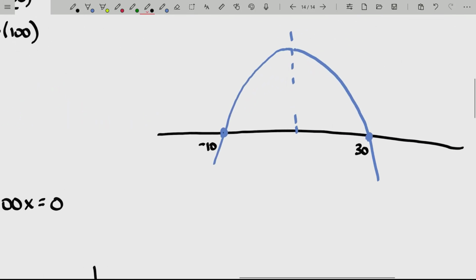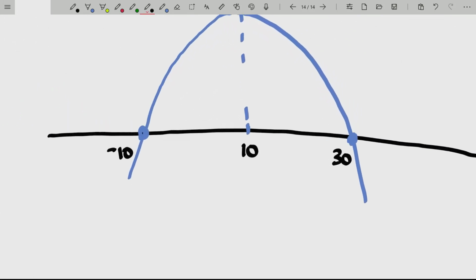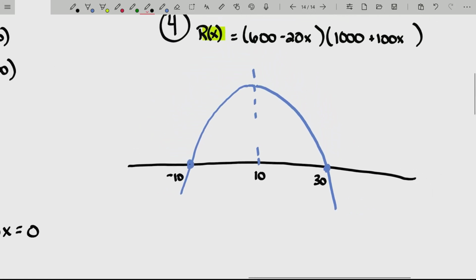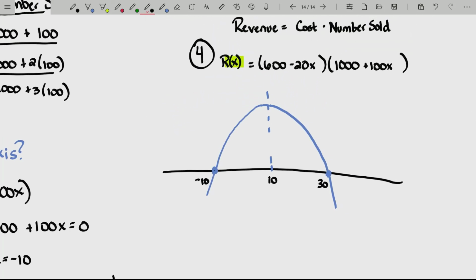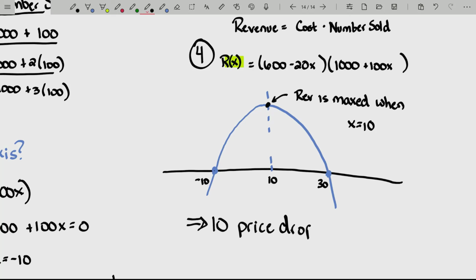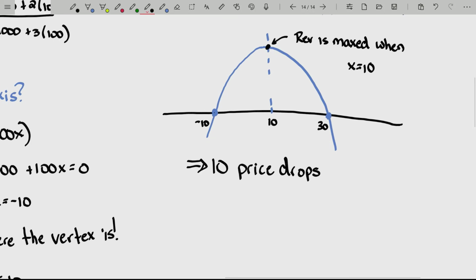So I'm going to go back over here. I found out, yay, we maximize revenue when x equals 10. But what does that mean? It means we need 10 price drops. And remember, each price drop is $20.